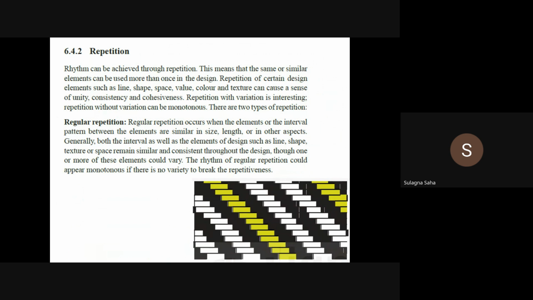When rhythm is achieved through repetition, this is generally how it would look. This means that the same or a similar element can be used in more than one design.